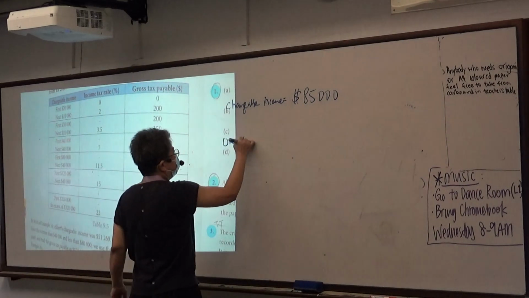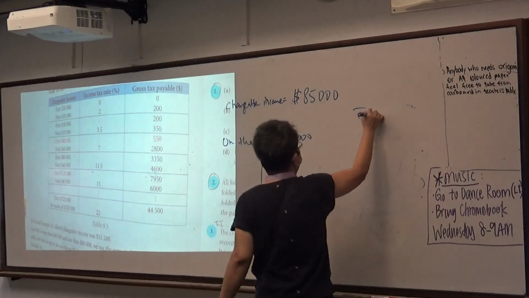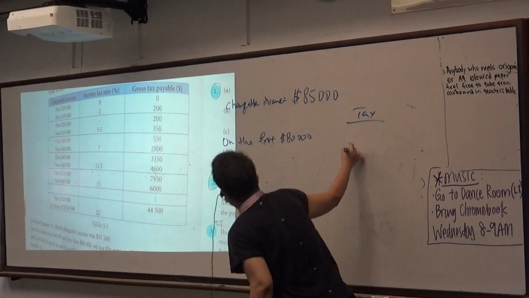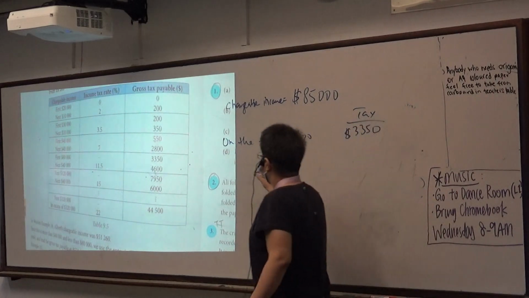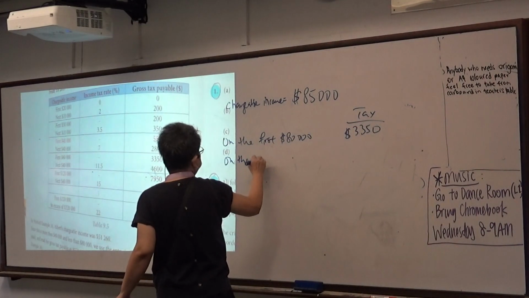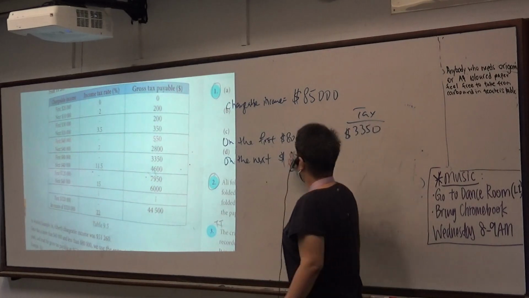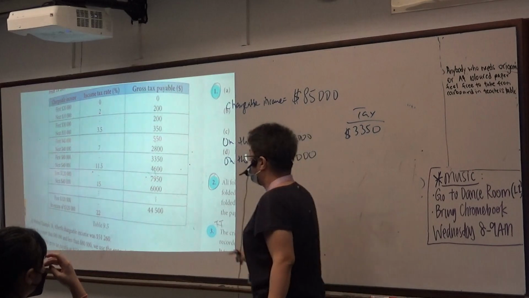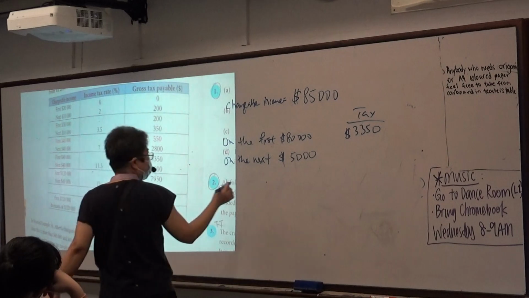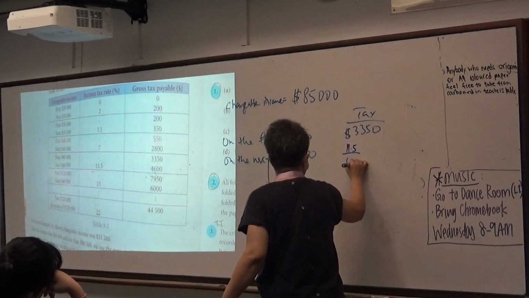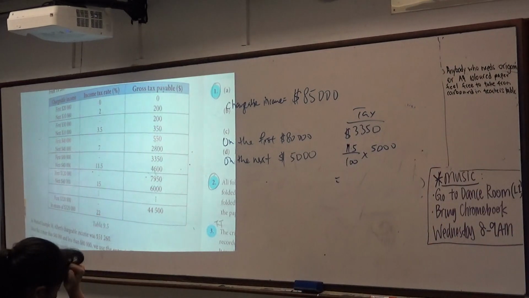So, on the first 80,000, the tax will be 3350, right? Then, after 80,000, how many thousand left? 5,000, very good. How many percent? 11.5. So this will be 11.5% times 5,000. Do you understand now?